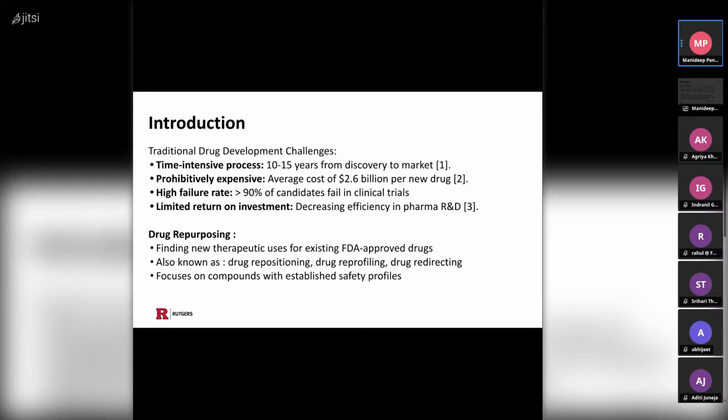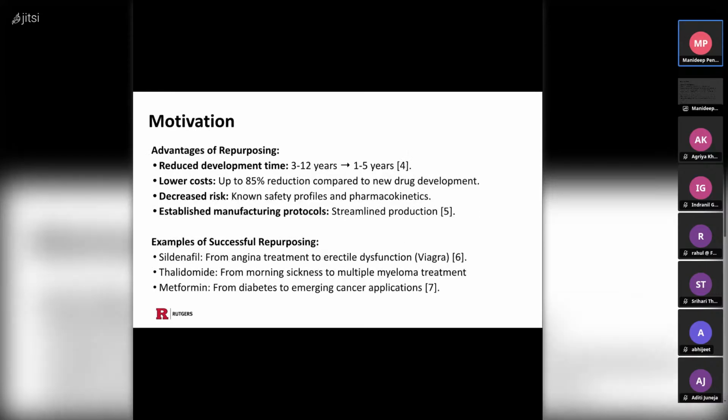So the benefit of this would be simply that instead of going through all this extremely long process, we actually use something that's already been developed for something else. For example, I'm sure you guys are aware of Viagra.